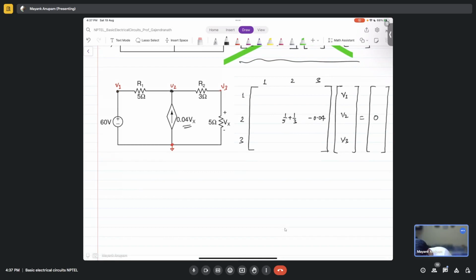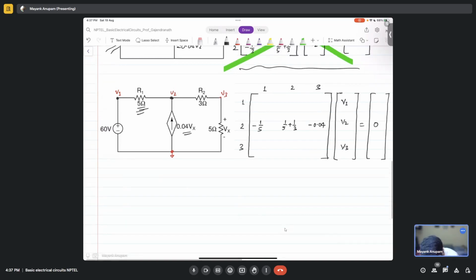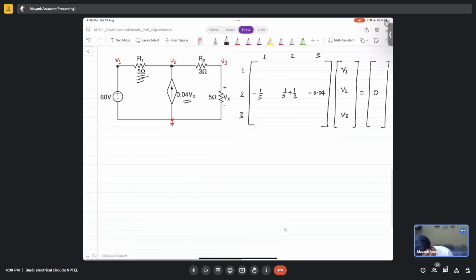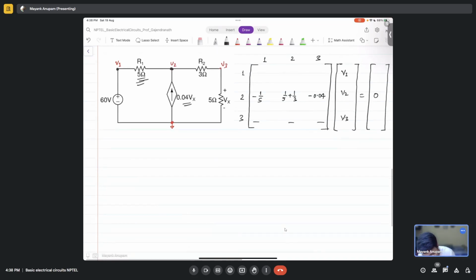What about this entry here, the 2 comma 1 entry? What does this represent? The common resistance between 1 and 2. Yeah, it is basically the combination of 1 and 2. It will be minus 1 over 5. Correct? Yes, sir. All right. What about the third row, the three entries in this?